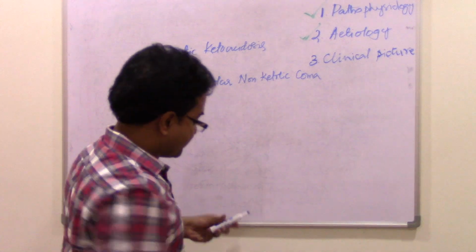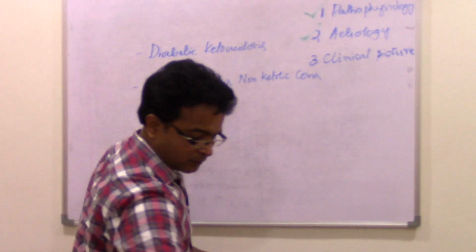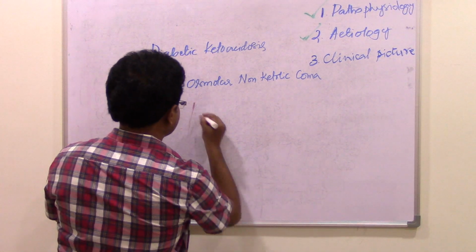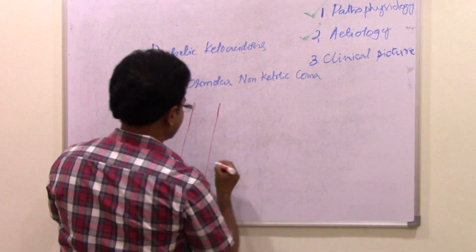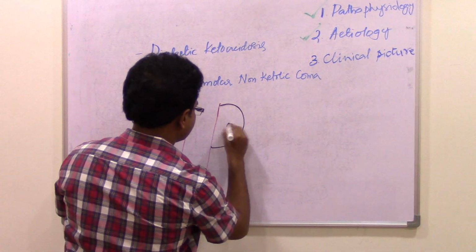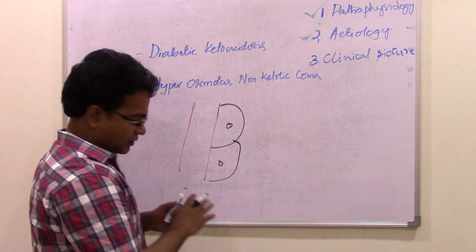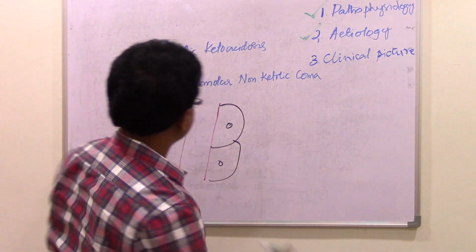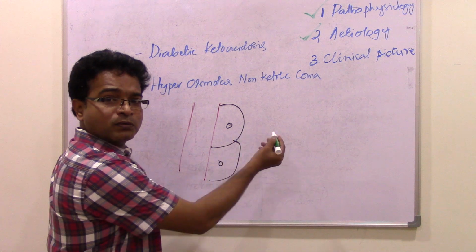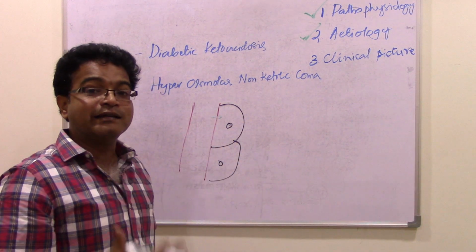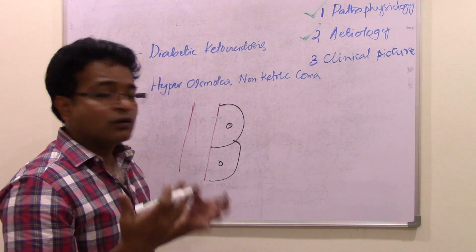Okay, so let's say this is a cell, right? Now the glucose molecule is coming into the cell, but it is not able to be metabolized, so it needs some kind of food.